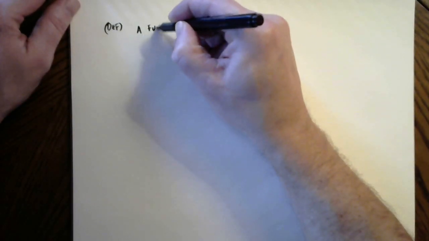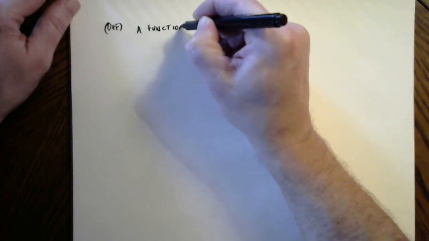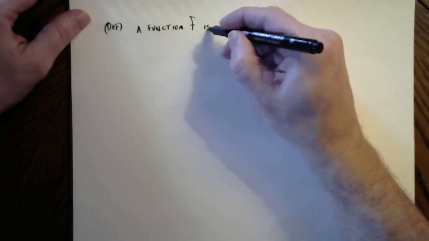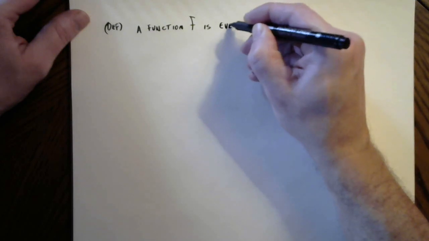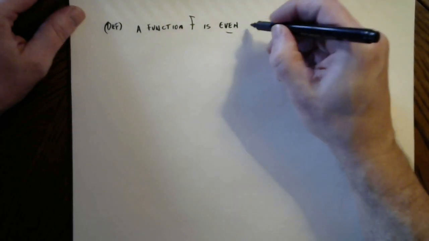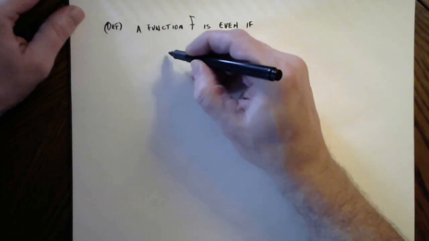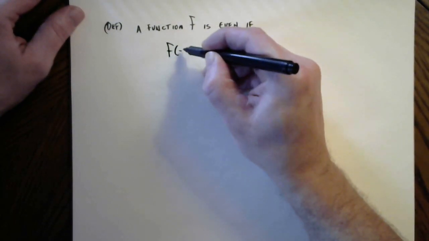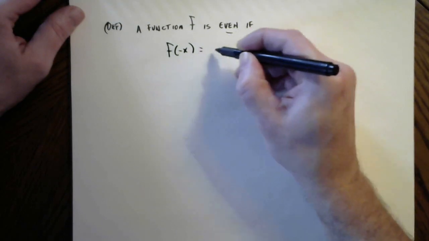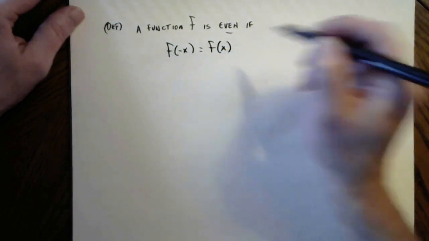Definition. A function f is what we call even if, and this will seem a little strange, but it's okay, f of negative x equals f of x.